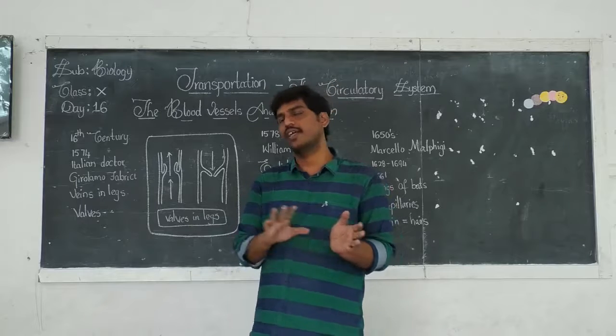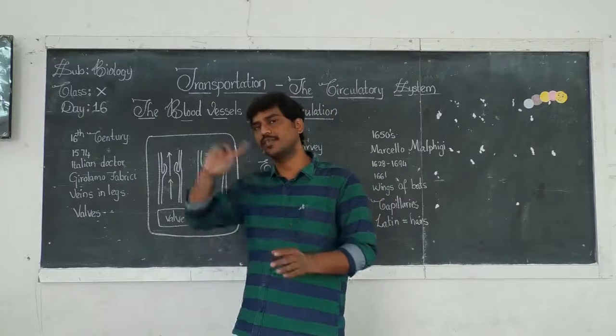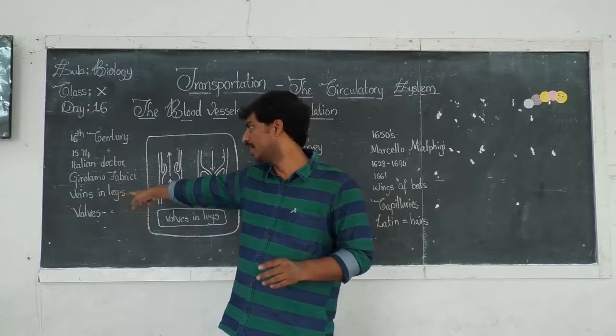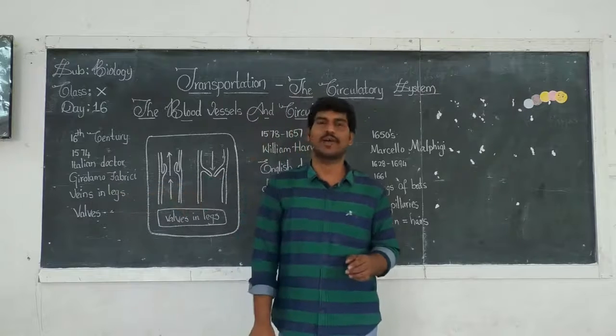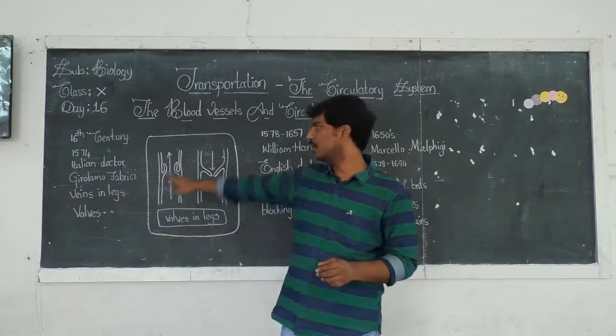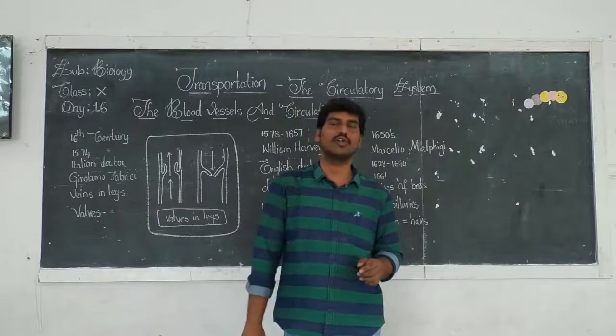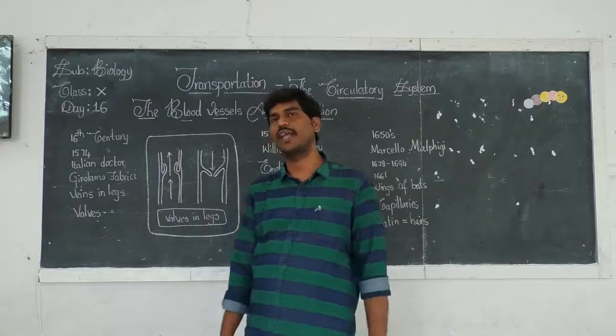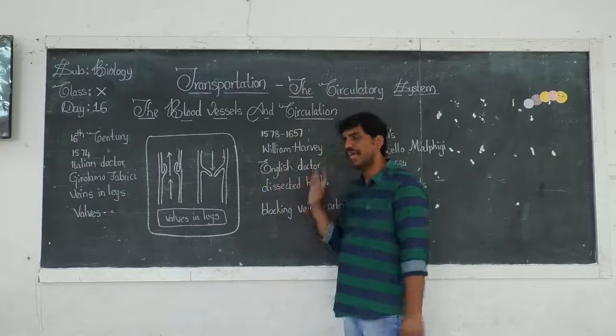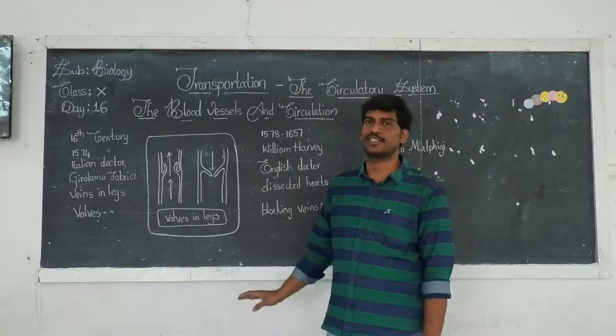So he remembered the concept told by Fabrici, that these valves are unidirectional, they stop the reverse flow of blood. Then he applied the same thing to the process of circulation.